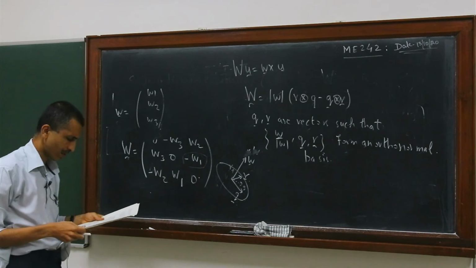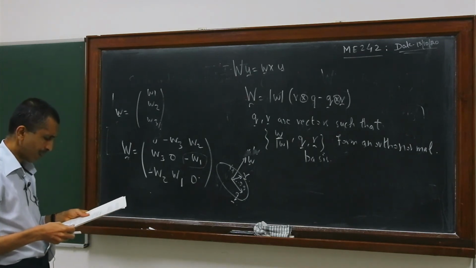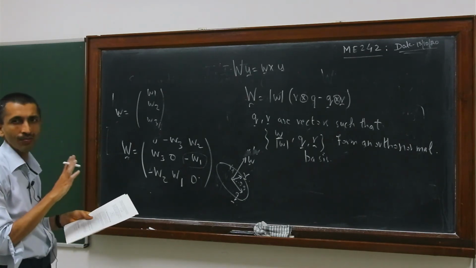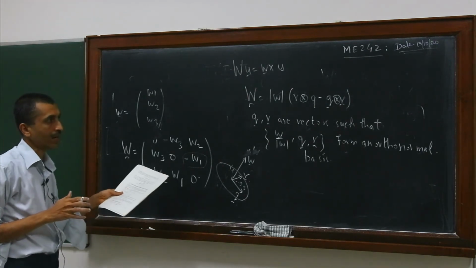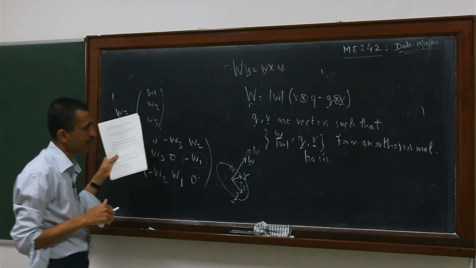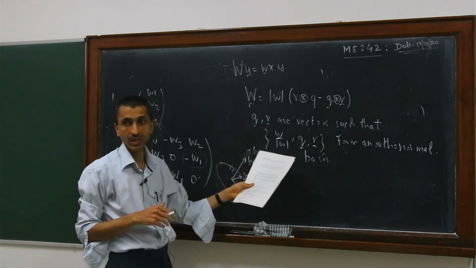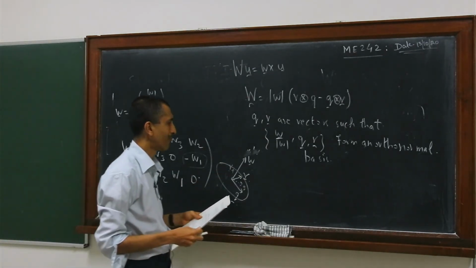That would be a nice exercise for you. Fine. I'm not going to go too much into the properties of the skew symmetric tensor. Whatever I have defined and whatever properties I have stated will be enough for the moment.